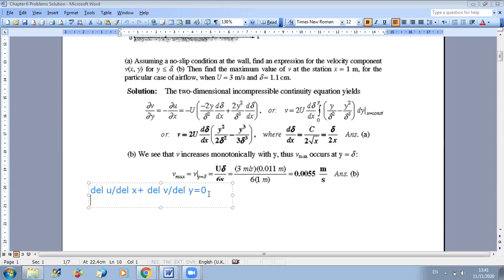So I can deduce that del v by del y is equal to minus del u by del x.